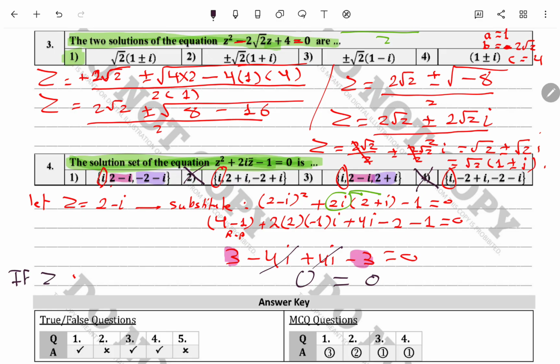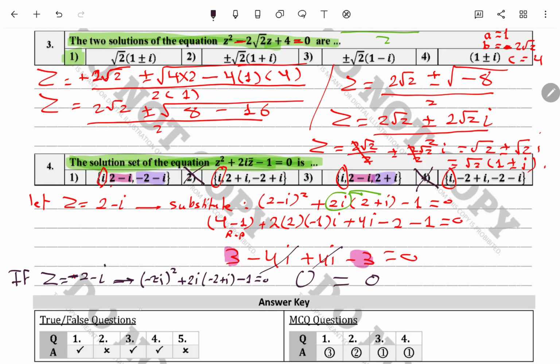If z equals negative 2 and negative i, let me substitute it again. I can get negative 2 negative i all squared plus 2i times negative 2 plus i all plus or minus 1 equals 0.